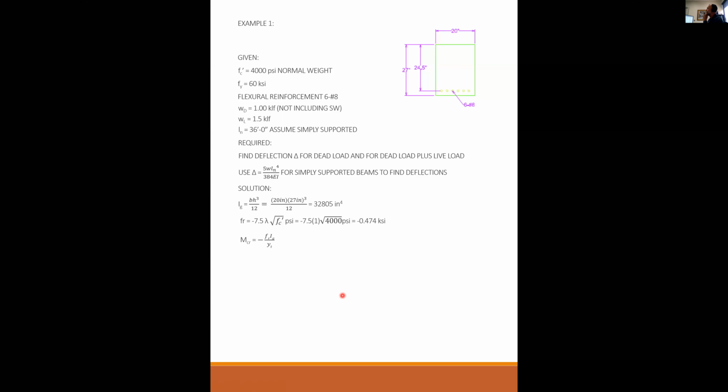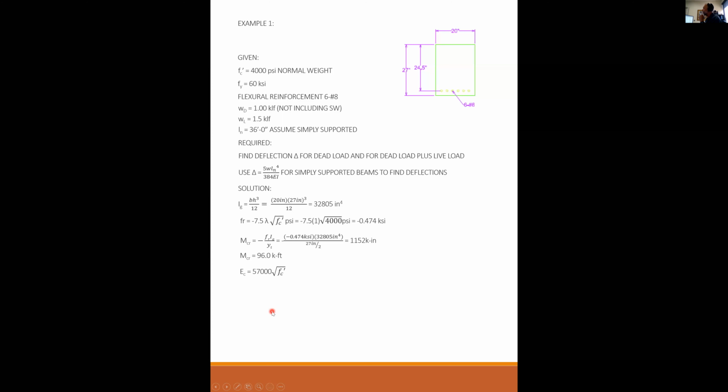So my cracked moment is the modulus of rupture times gross moment of inertia over center of gravity. I plug in 0.474 KSI, 32,805, and the center of gravity for a rectangle is halfway up, so 27 over 2, which gives me 1,152 kip inch, or 96.0 kip feet.